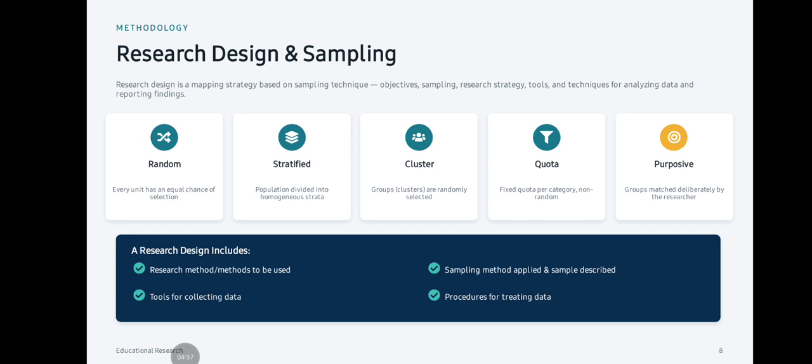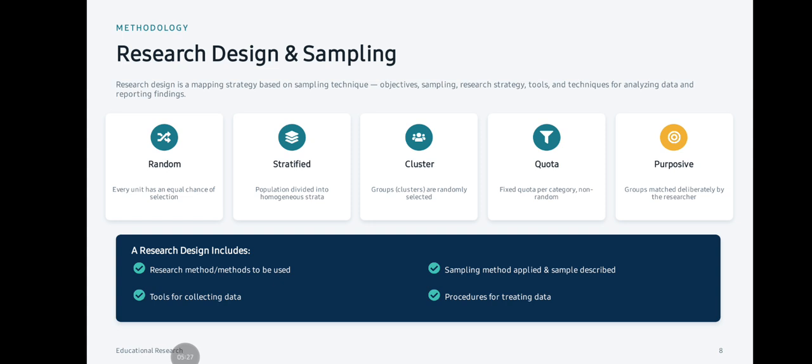Methodology: research design and sampling. Research design is a mapping strategy based on sampling technique, objectives, sampling, research strategies, tools and techniques for analyzing data and reporting findings. Random. Every unit has an equal chance of selection. Stratified. Population divided into homogeneous strata. Cluster.